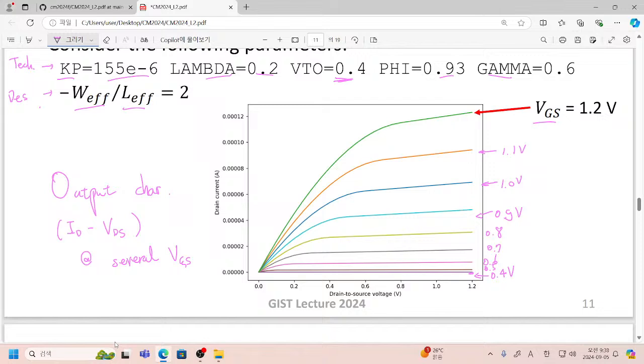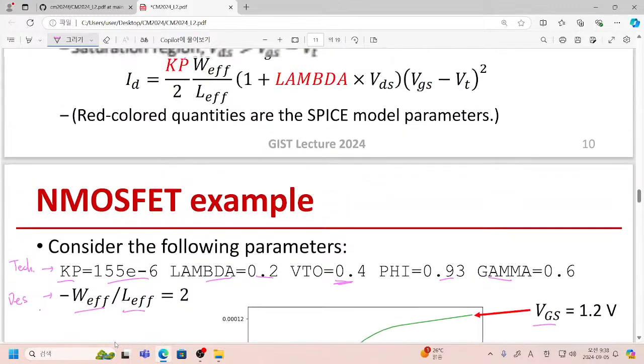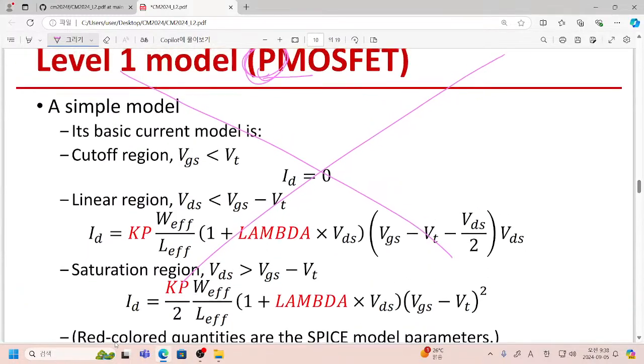Okay, so of course you can try to draw this same graph as a homework problem, so please try to do this one. Since this course is for graduate students, I'm not talking about why we have these kinds of expressions.